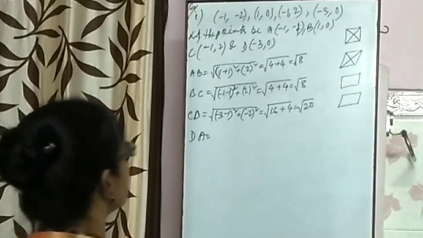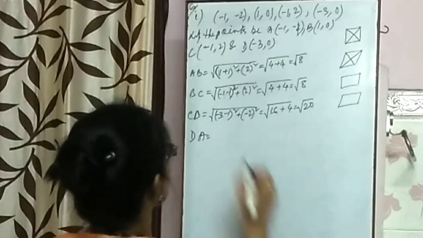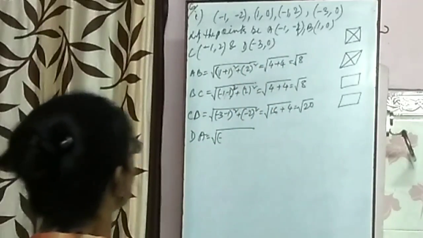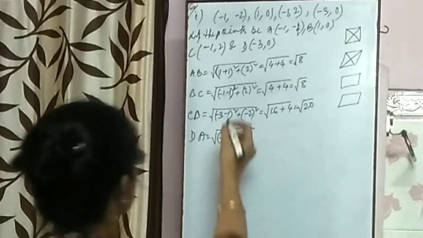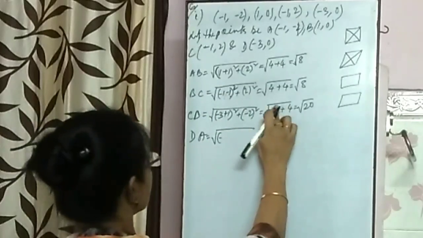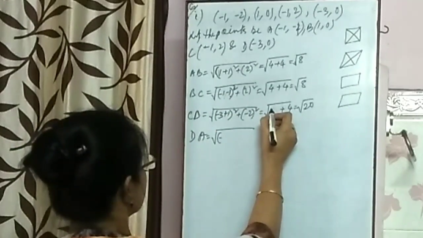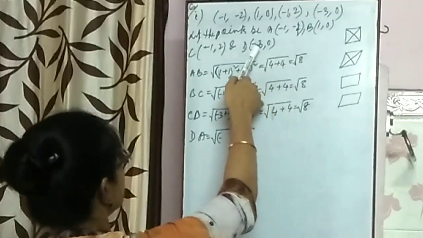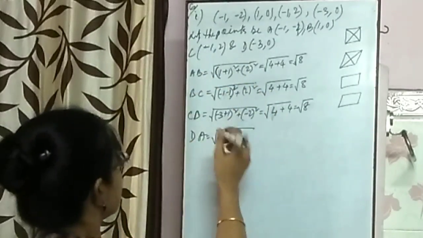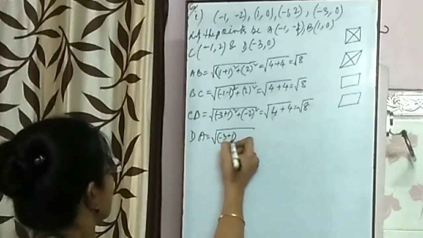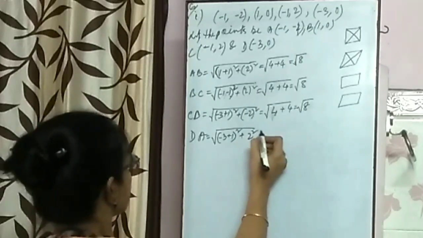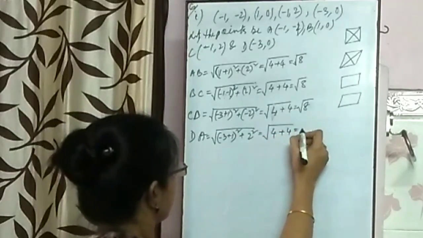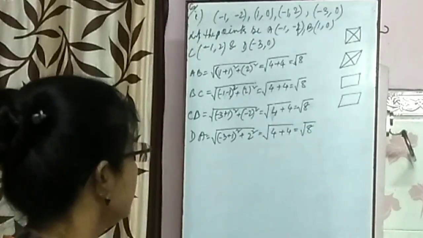And DA: minus 3 minus plus, so minus 2 square, that means 4, again 8. Here minus 3 plus 1, then plus 2 square, again minus 2 square, that is 4, plus 4, it comes 8. So all 4 sides are equal.